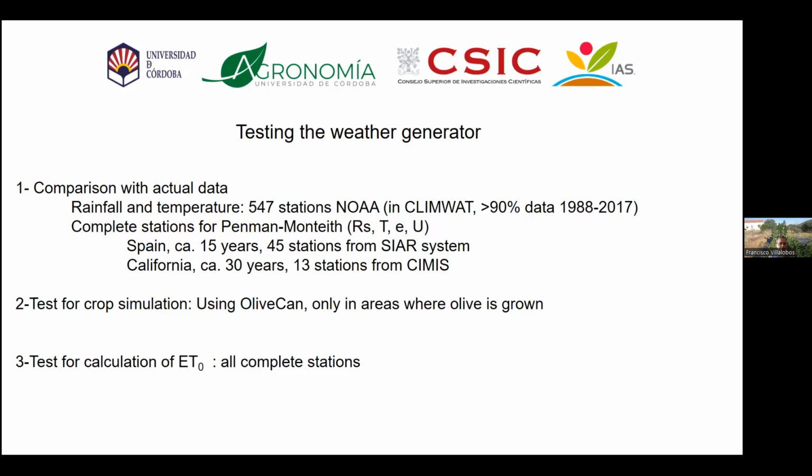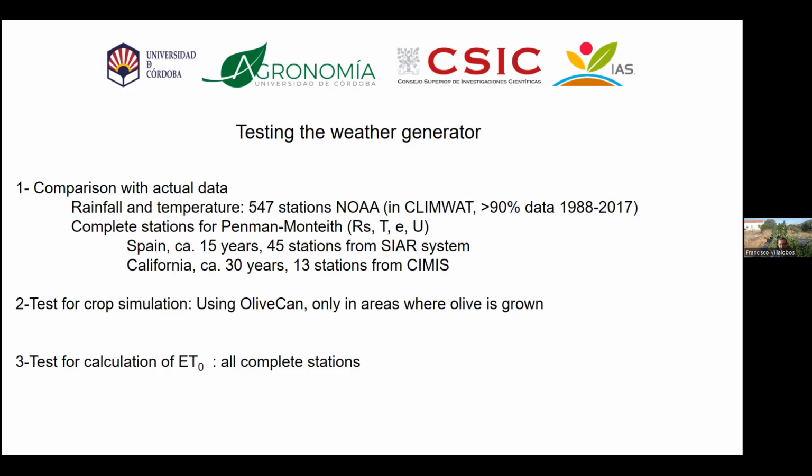We collected also data from complete stations that had, apart from temperature and rainfall, solar radiation, vapor pressure, and wind speed. We collected data from 45 stations in Spain that had around 15 years of data from the CR system.